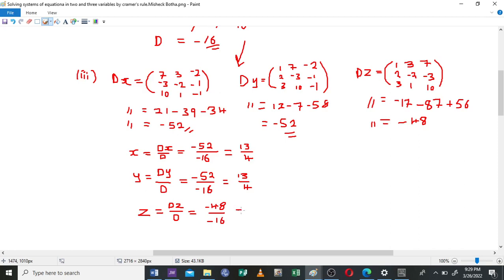Now if you divide this, you are going to find that negative 16 can go into negative 48 3 times. So this is how we calculate the values of x, y, and z in a system of equations in three variables using Cramer's rule.